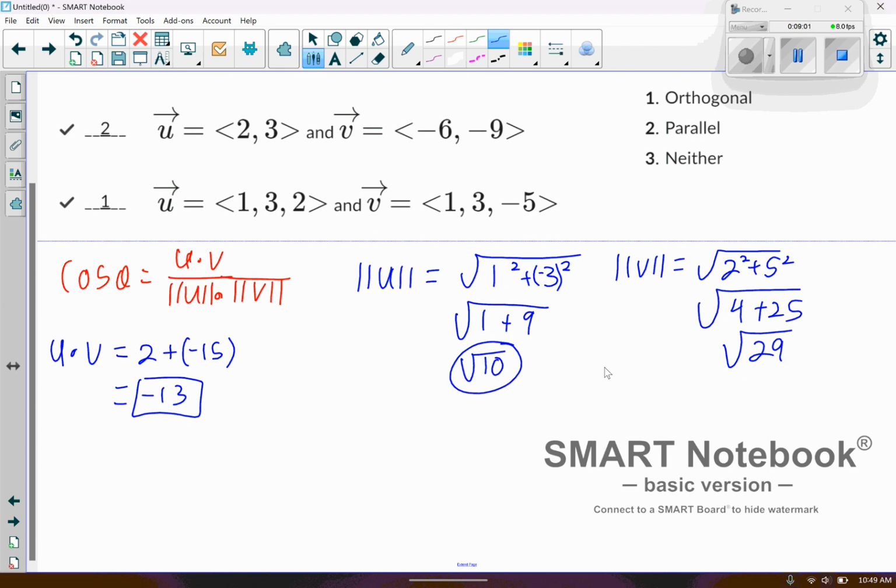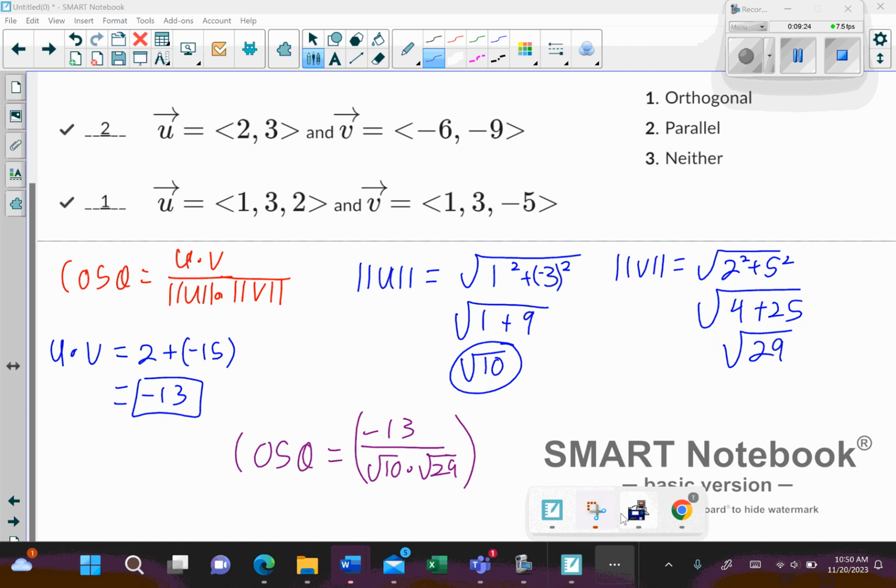And then coming down here, now we're ready to fill in that information. So the cosine of theta, the dot product of u and v is negative 13 over the square root of 10 times the square root of 29. And so we need to go ahead and put that in the calculator again.